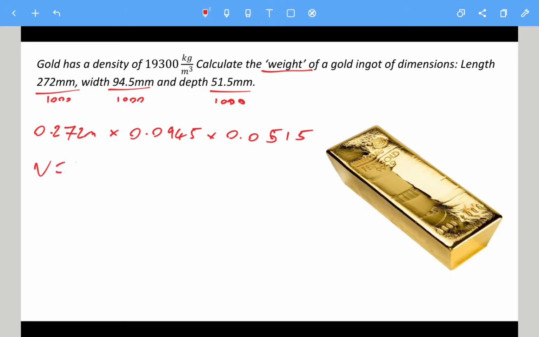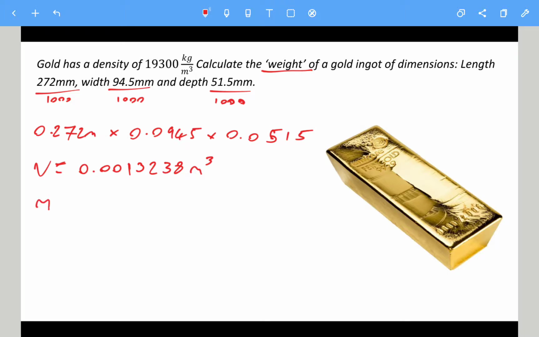So that gives us a volume of, if we multiply them together, 0.00132, choose 38, choose 5 significant figures, cubic meters. If you use less or more, it's okay. Really, if you've got a scientific calculator, you can just use the full number.